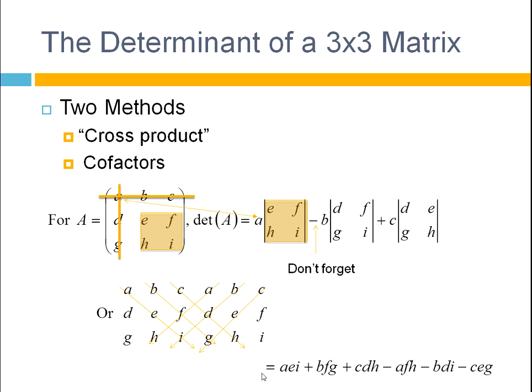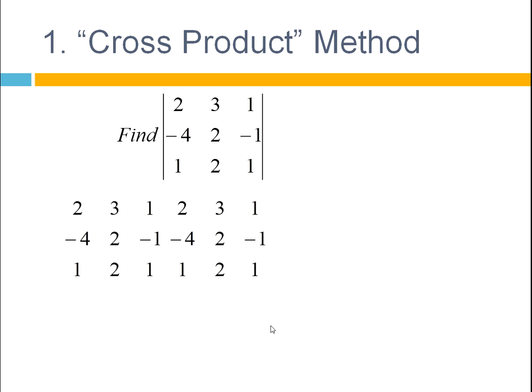So in theory you could just plug your numbers in and it would give you the correct answer, but you're better just learning one of these 2 methods. We'll start with the cross-product method, which I find far simpler, and we'll do an example. We'll find the determinant of this matrix, and the way to do it is write this matrix out twice, like so, and then do the cross multiplication, well, the cross product, by multiplying the diagonals, as so.